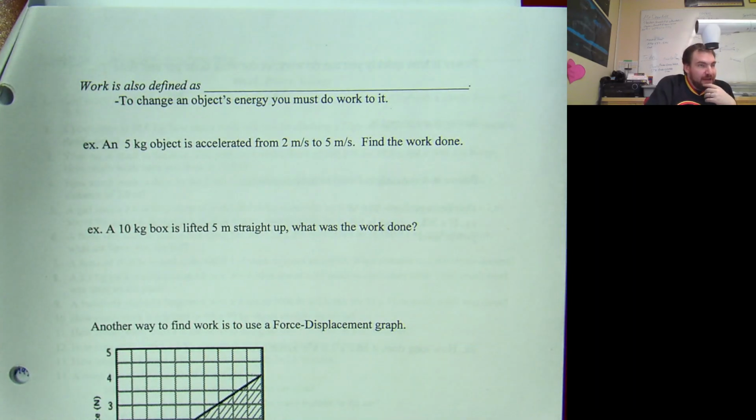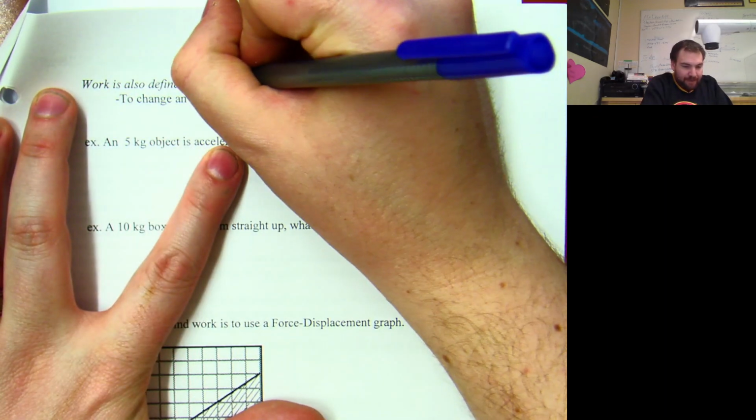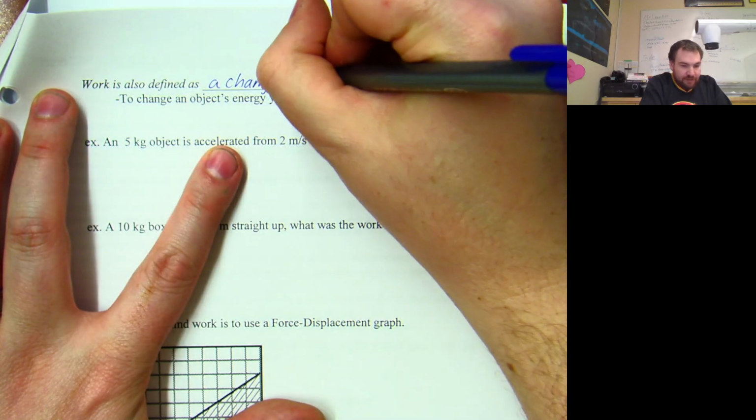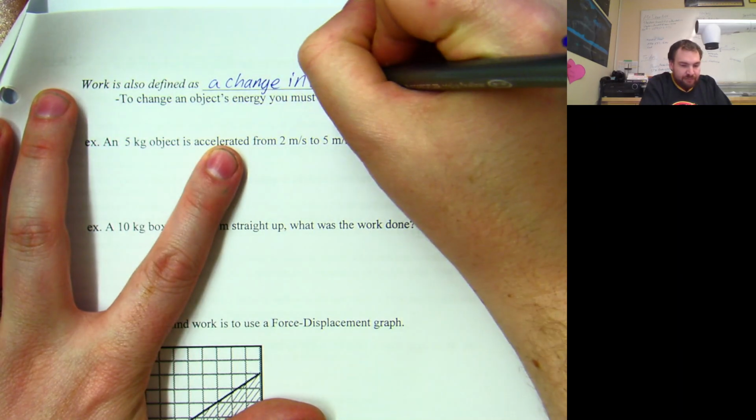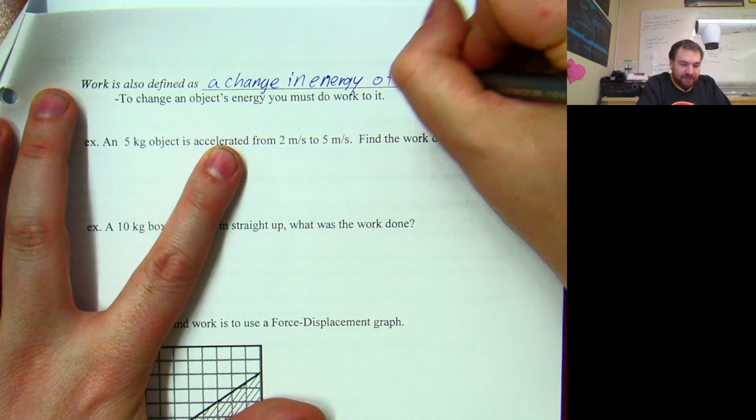Work is, because it's also measured in joules, also defined this way. Not just as a force times a distance, but also as a change in energy of an object.